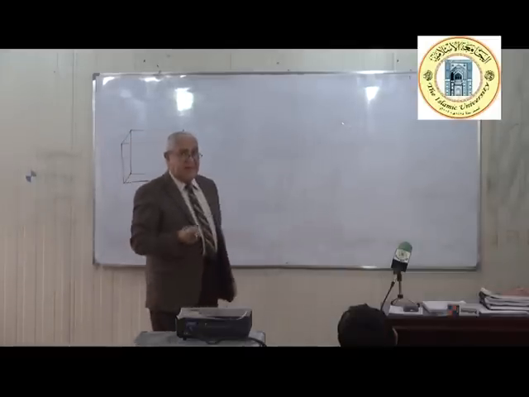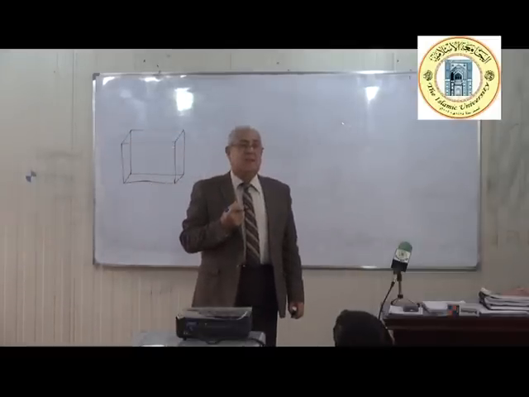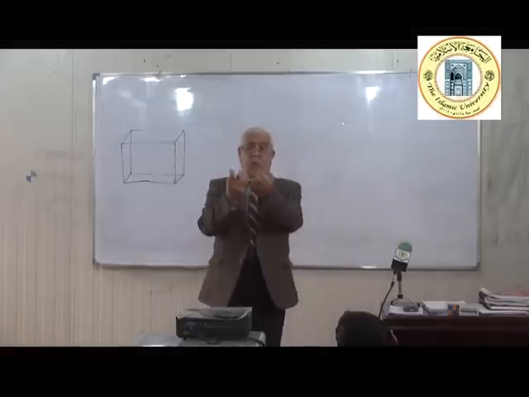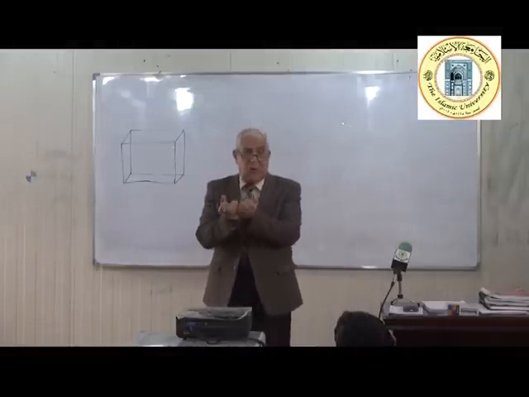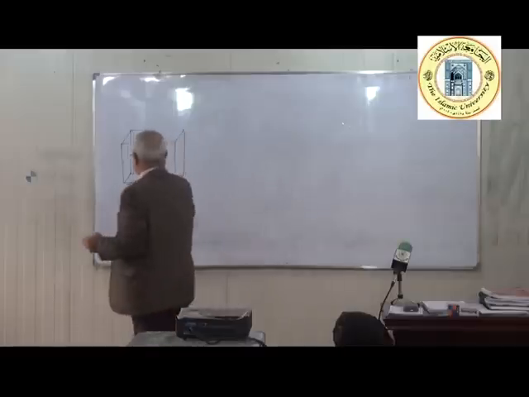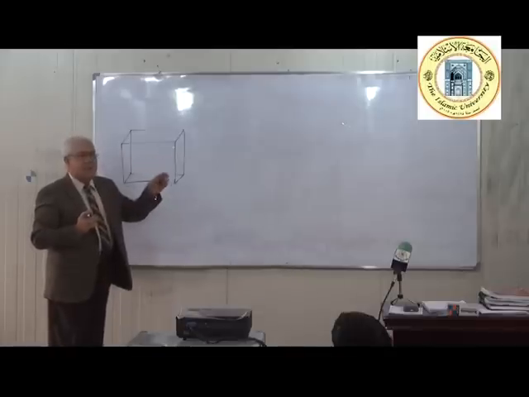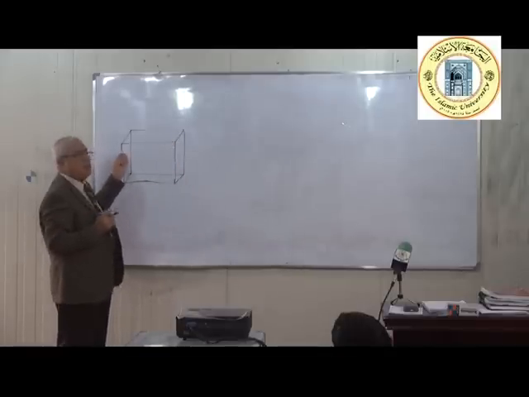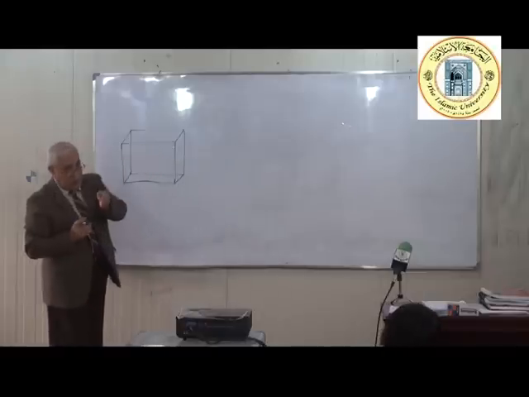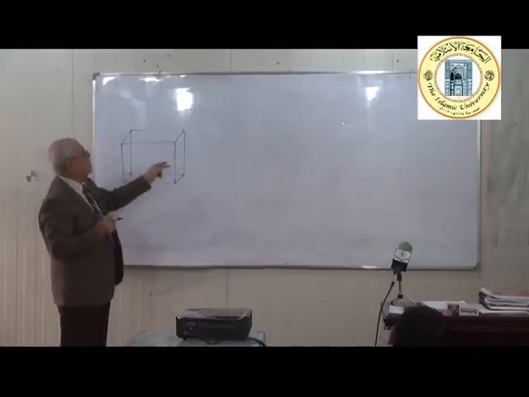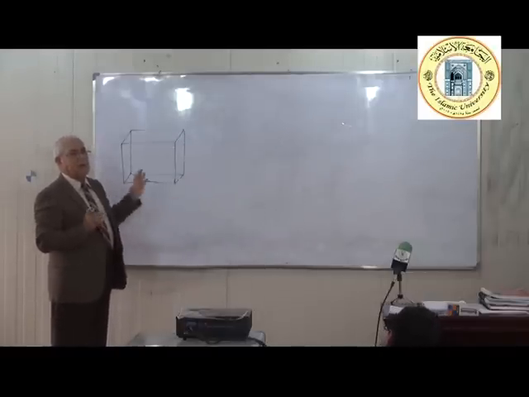Now, there is a flame, or there's a source of heat within this furnace. Therefore, the amount of heat given to this surface is the same amount given to this surface. The surface is facing you. The surface is parallel to the black part.